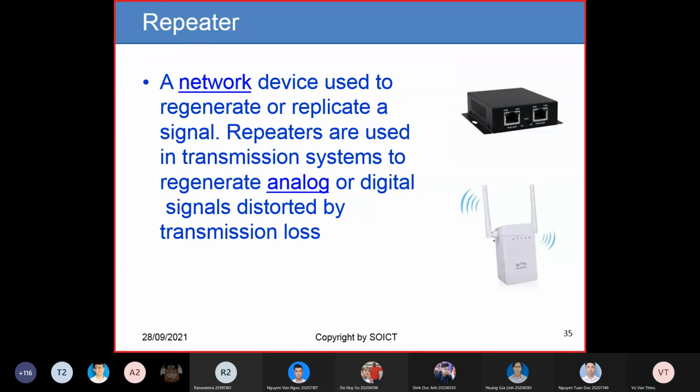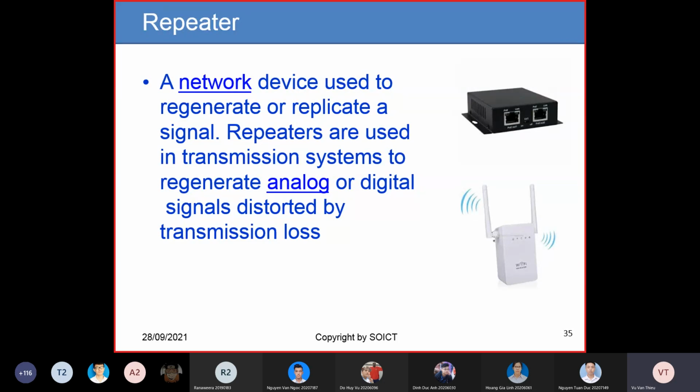But because the cable is very, very long, the signal will reduce, and we need some equipment to repeat the signal. That is the role of the repeater.